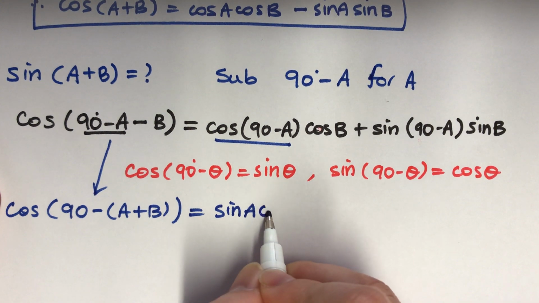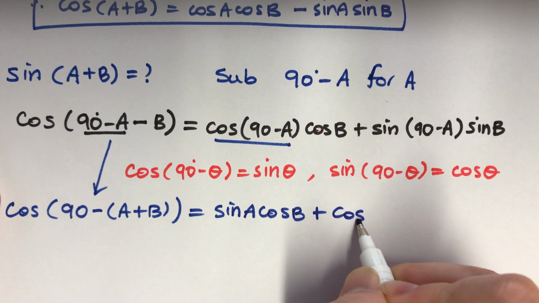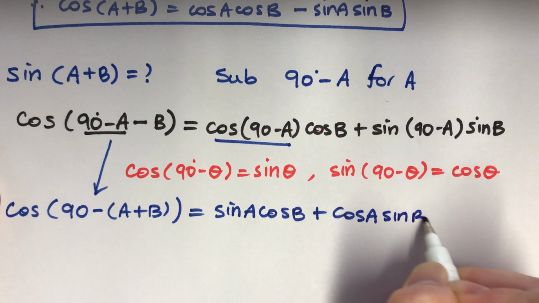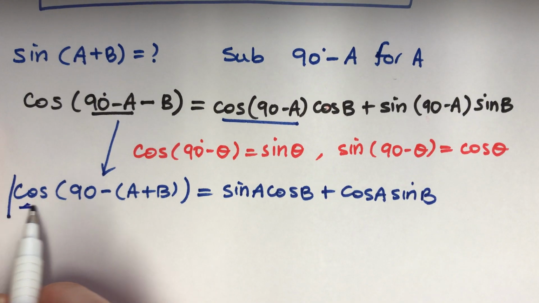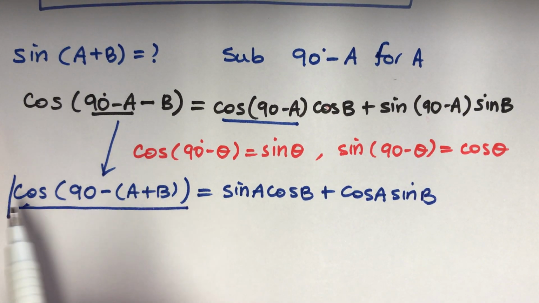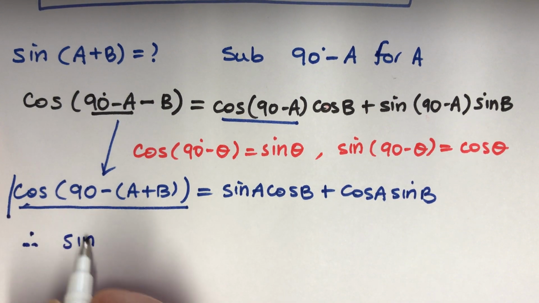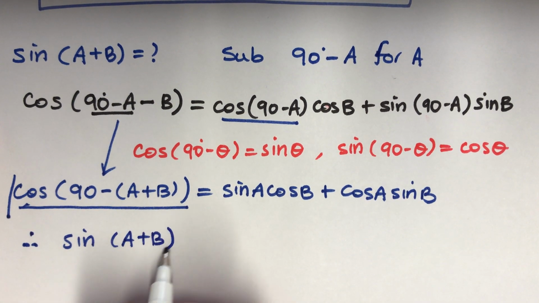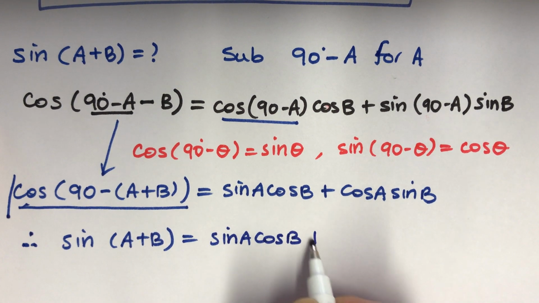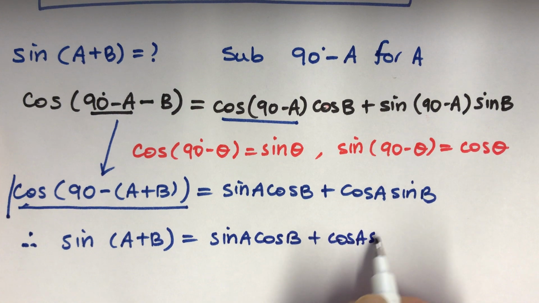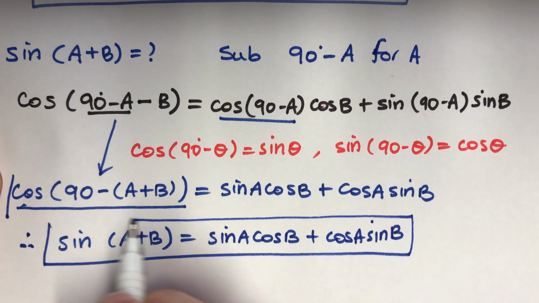Okay, and then cos B plus that becomes cos A and sine B. So this one is same as this, isn't it? So therefore I can say sine(A plus B) equals sine A cos B plus cos A sine B. So that's what we got.